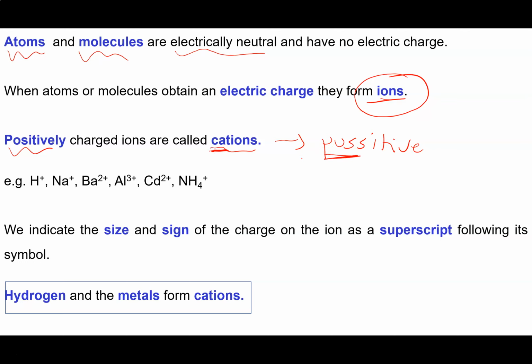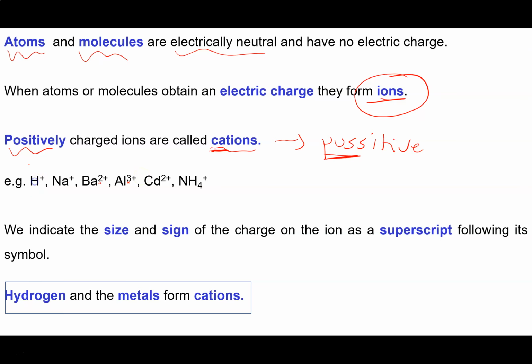So how we indicate that something has a positive charge, that it's a cation, is after the symbol for it, we put a plus there, and if it's a plus 1, we just put a single plus sign. But if it's a multiple charge, with 2 plus, 3 plus, 4 plus, whatever it might be, we're going to write that.